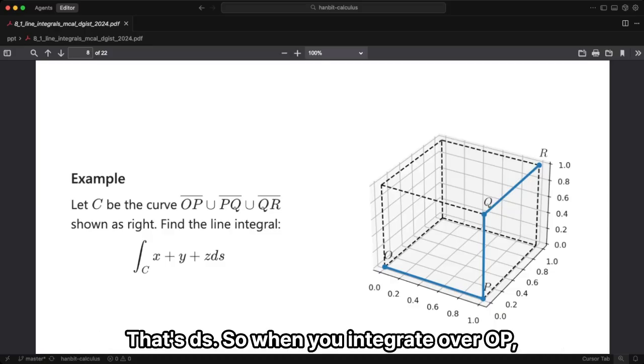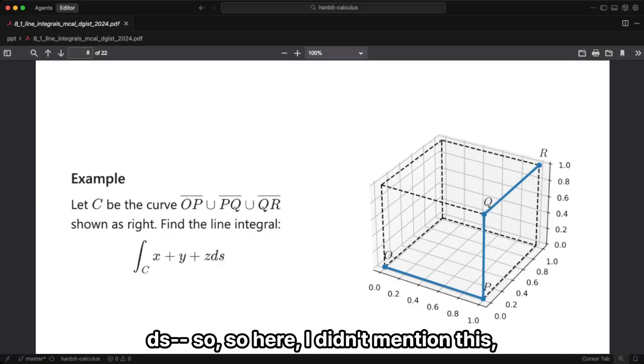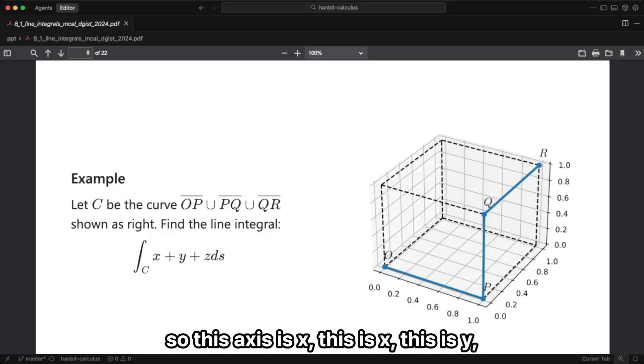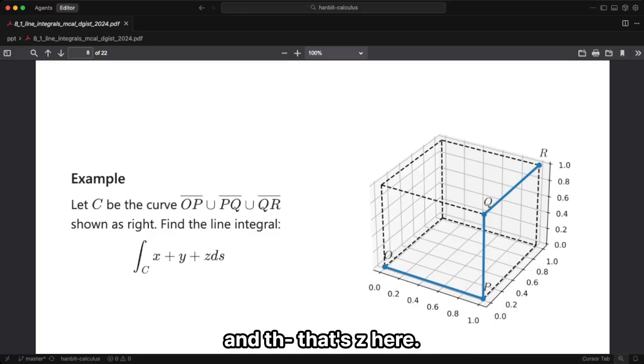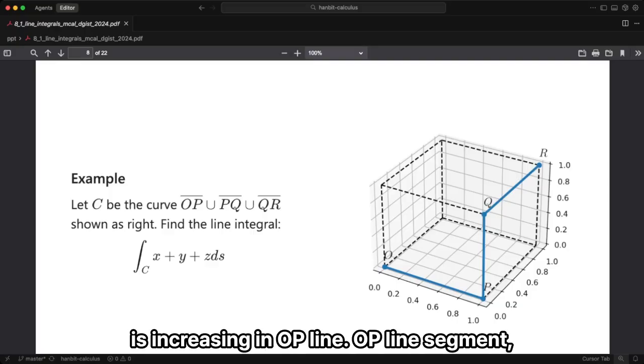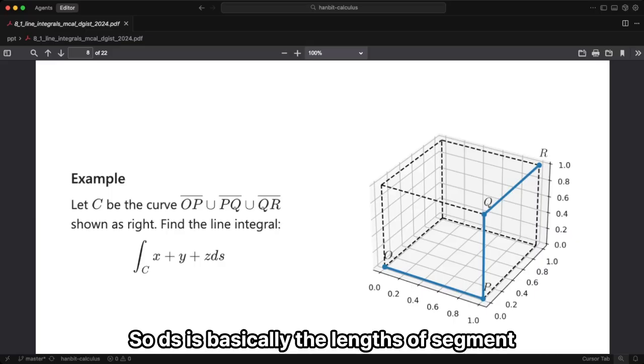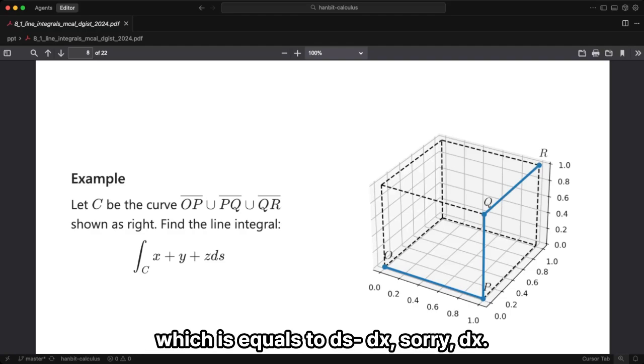That's ds. So when you integrate over OP, here I didn't mention the axes. This axis is x, this is y, and that's z. The x-axis is increasing along the OP line segment, while y and z are not changing. So dy and dz are 0, and ds is basically the length of that segment, which is equal to dx.